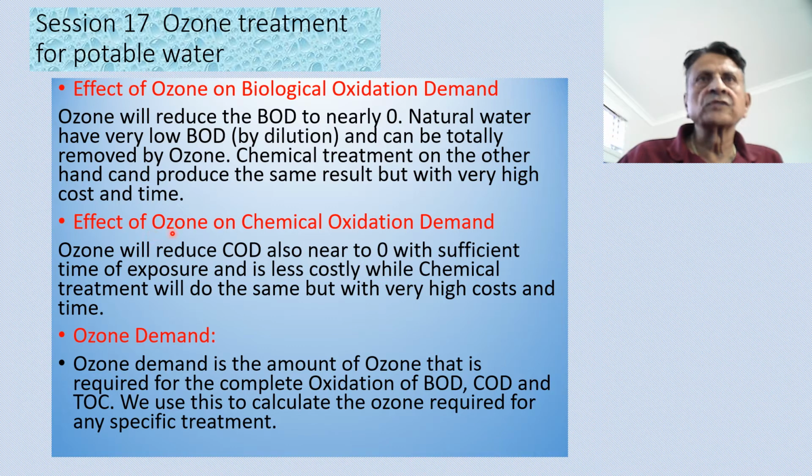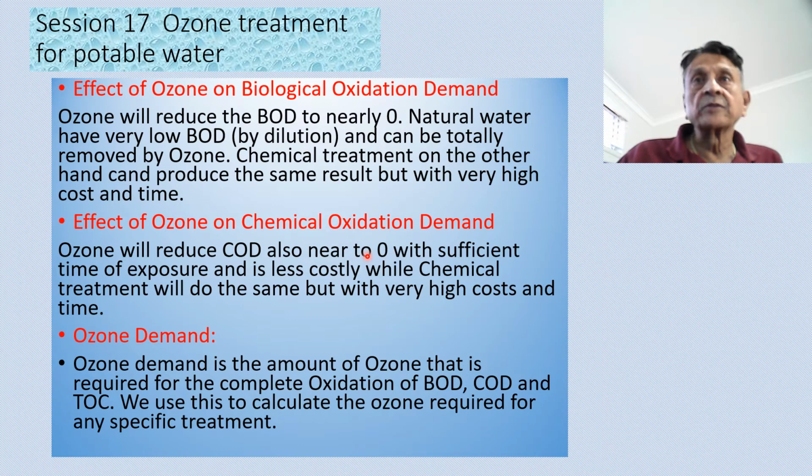The effect of ozone on chemical oxygen demand: by the definition of COD, or chemical oxidation demand, it indicates that it is oxidizable, and therefore ozone will reduce the COD by oxidizing all the chemicals that can be oxidized because of its very powerful oxidative capacity.